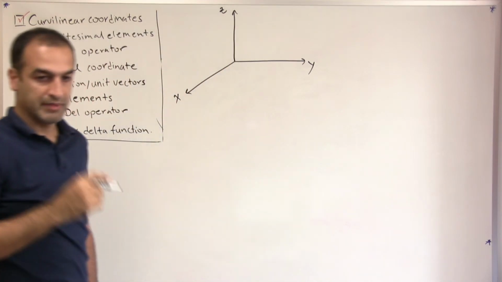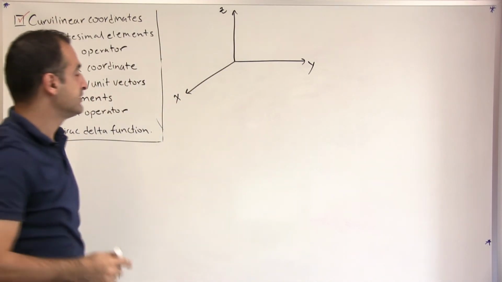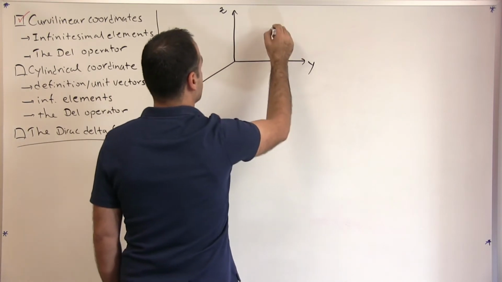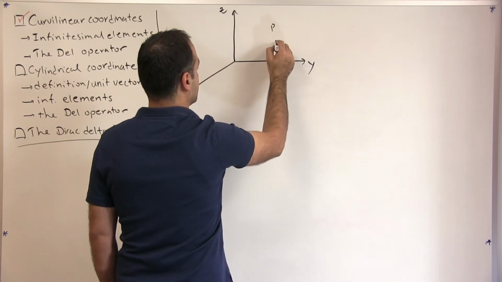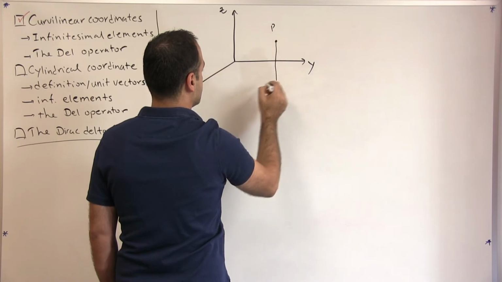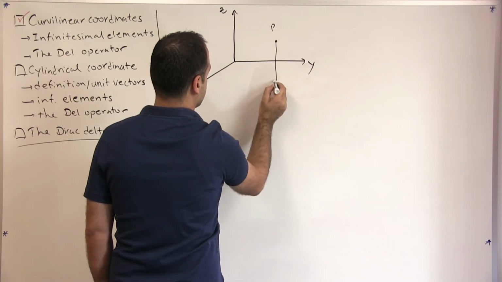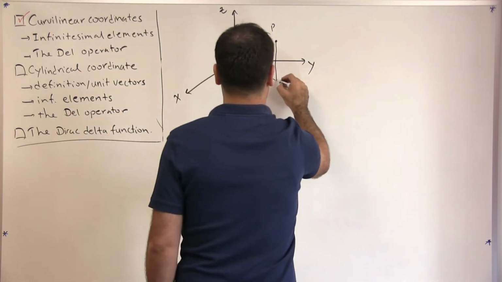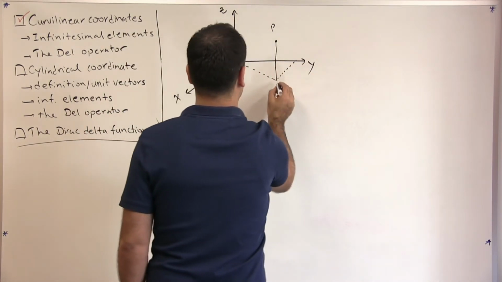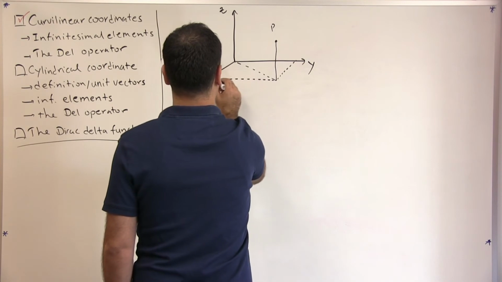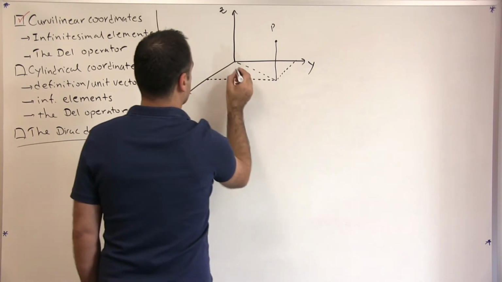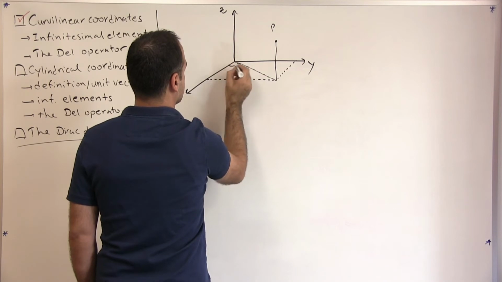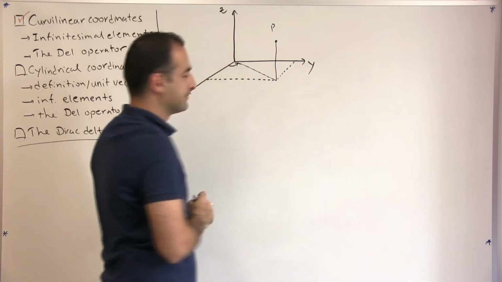Okay, so imagine we have this XYZ Cartesian coordinate, and then we have a point P here. And one way to locate this point P is first looking at the projection of the position on the XY plane. So it's going to be something like this. And then we have this angle phi.